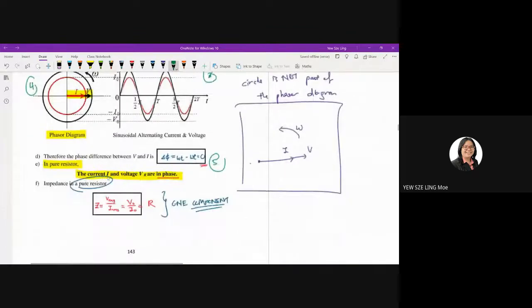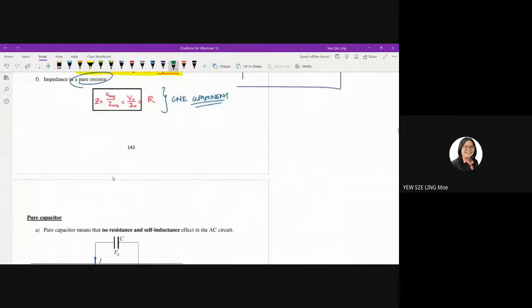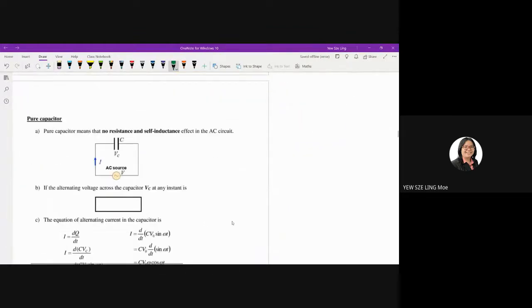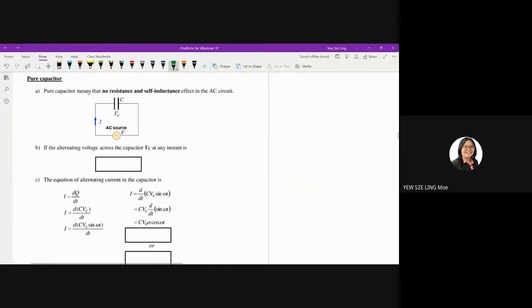Alright, now let us proceed to the second one, pure capacitor. Pure capacitor means there's no resistance or inductance effect in the circuit. So what happens in a pure capacitor? Well, initially we know that VC is equal to 0, and it increases as the time goes by.